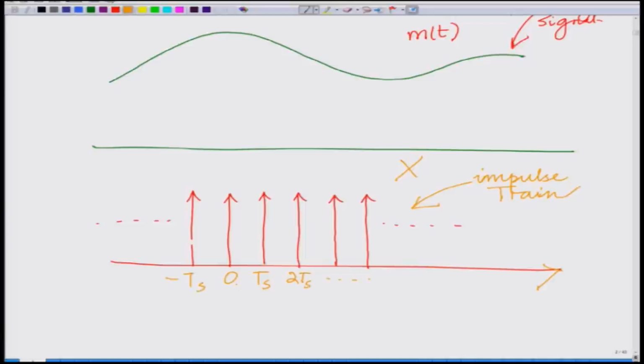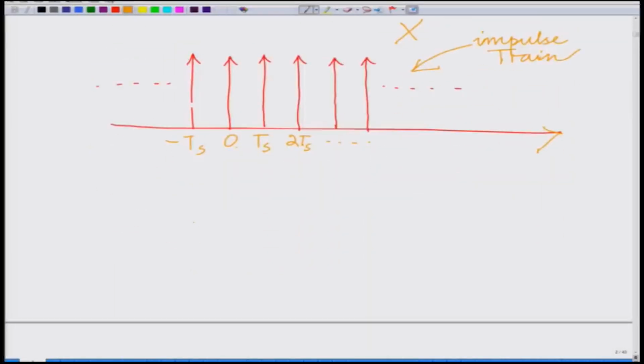It is a periodic signal of impulses with period Ts, that is you have basically one impulse every Ts.